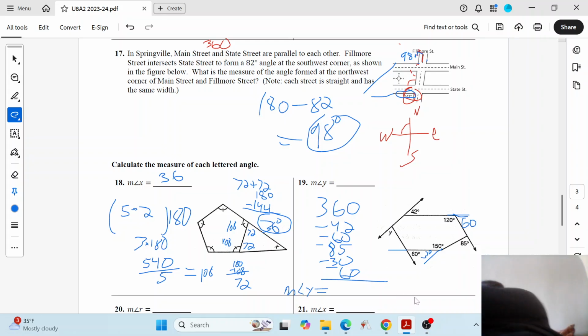So we're going to minus all those. So is it 277? Yeah. So it's basically 360 minus 277 if you add all those up, which gives us 83 degrees. So y should equal 83 degrees. Nice.